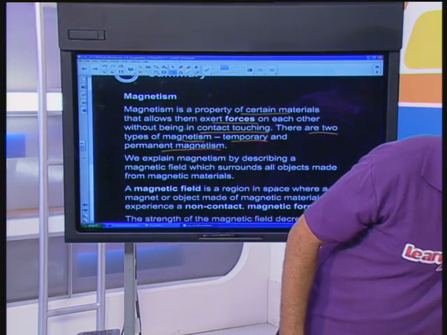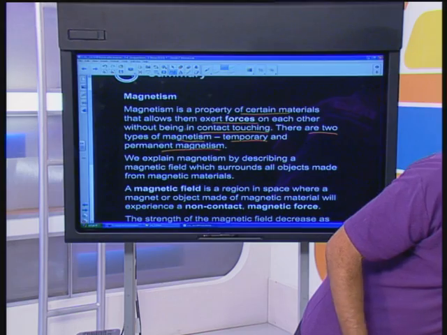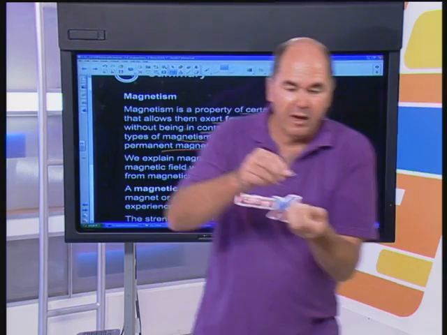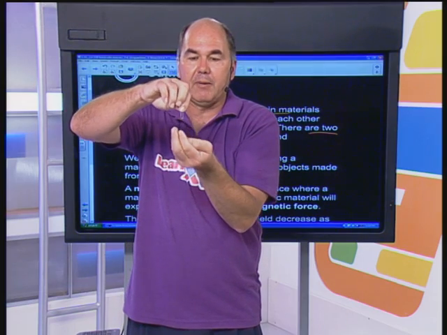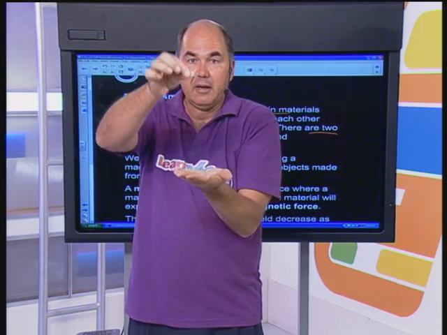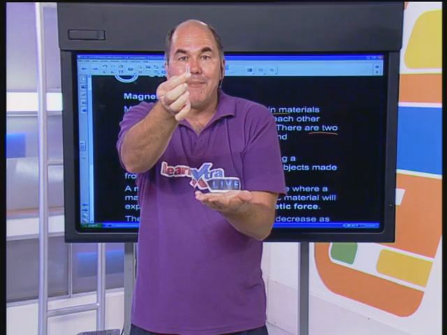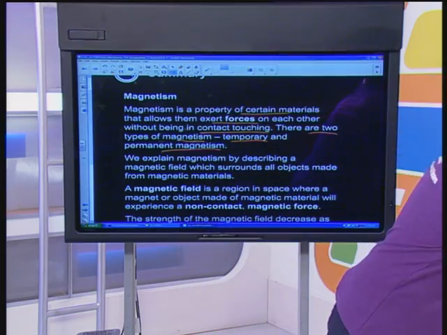If I were to get another piece of iron filing and try to stick it to the paper clip now, nothing's going to happen. This is no longer a magnet. It was only a magnet when it was in contact with the other magnet. So that's a temporary magnet.